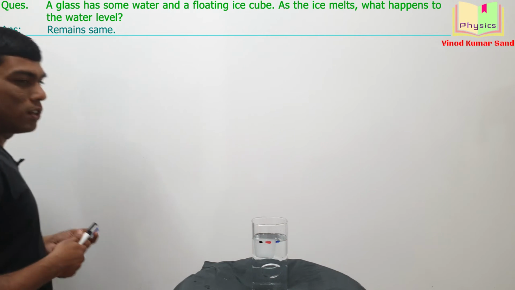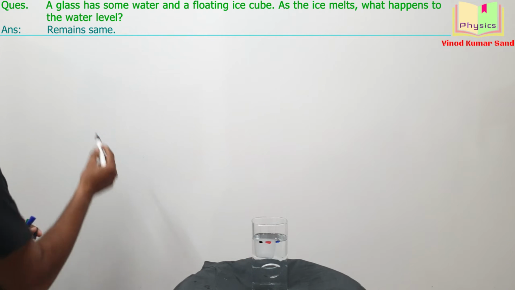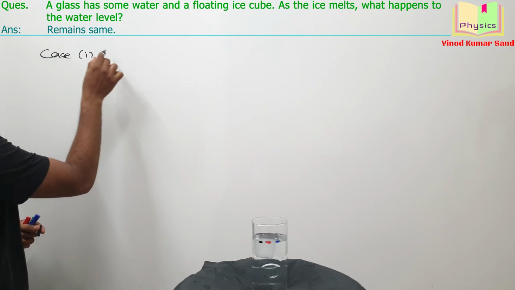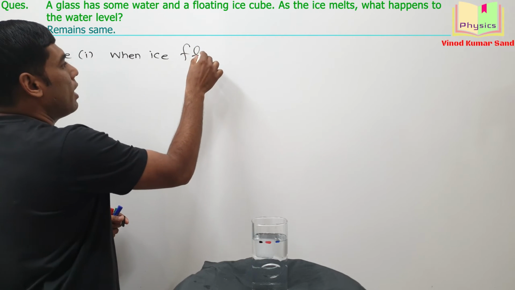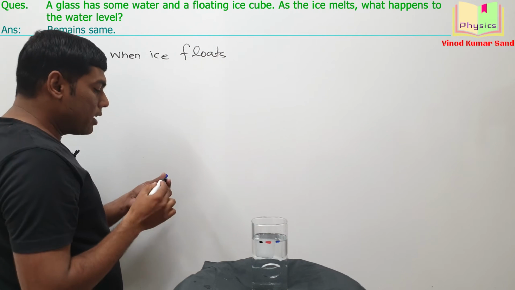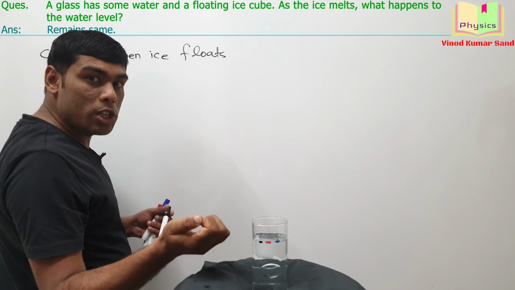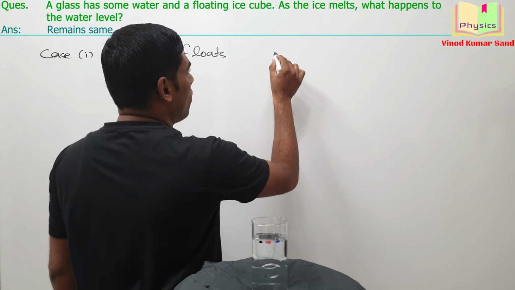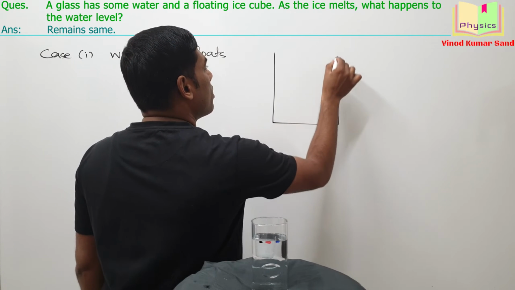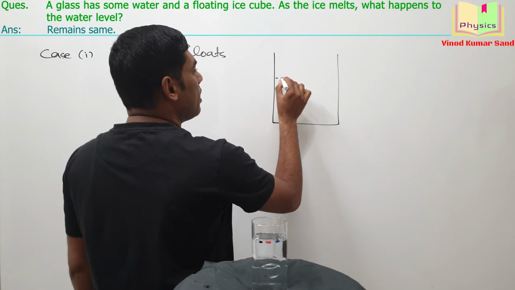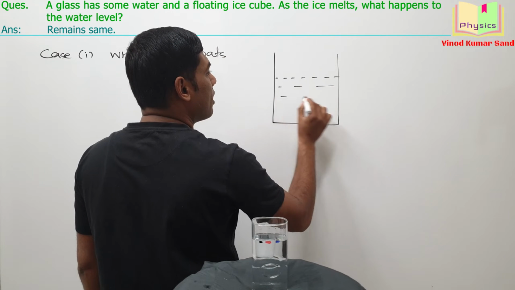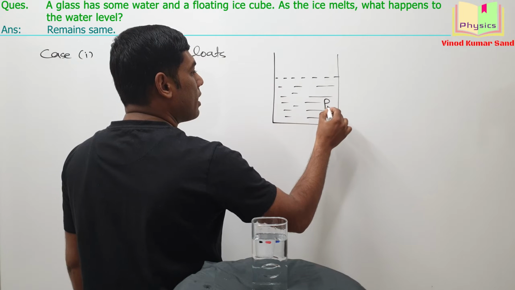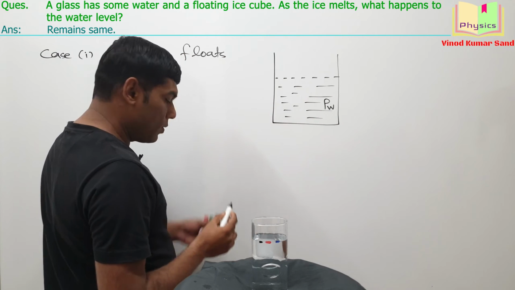Just pay attention. We are considering case 1, when the ice floats. If the ice is floating, it means that its mg is balanced by the buoyant force. For that, let me draw a diagram. Suppose this was the initial water level in the glass before dropping the ice. Water has the density rho water.